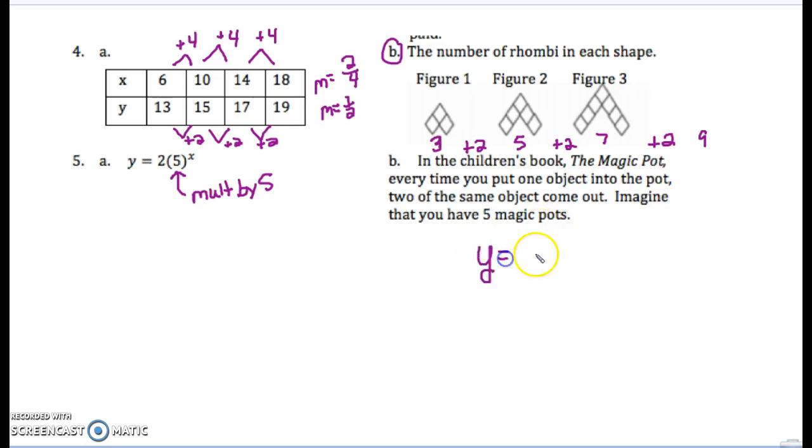Well, 5 magic pots is where we're starting this time, and we're multiplying by 2. So once again, 5 is the starting point now. 2 is my rate, my multiply by 2. So multiplying by 5 is going to be a larger rate.